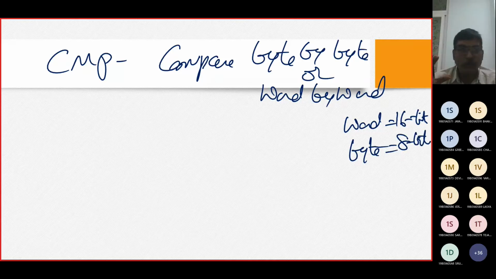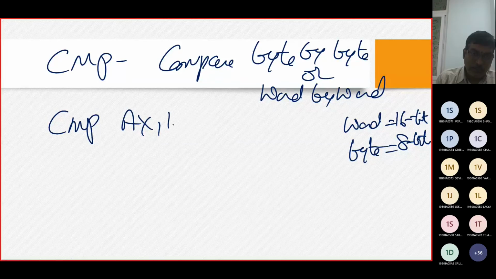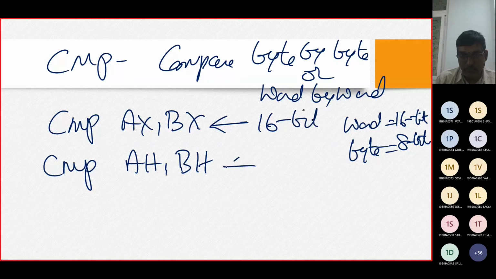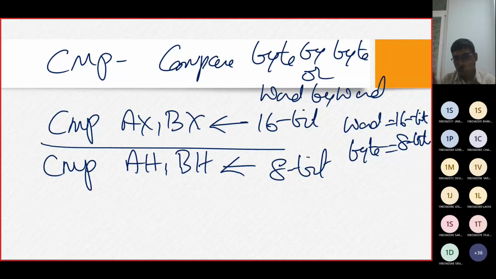So compare makes an operation between 2 bytes or between 2 words. I can say compare AX comma BX. Similarly, I can say compare AH comma BH. The first does a 16-bit comparison, and the second does an 8-bit comparison. So I want to compare whether 5 is equal to 5.